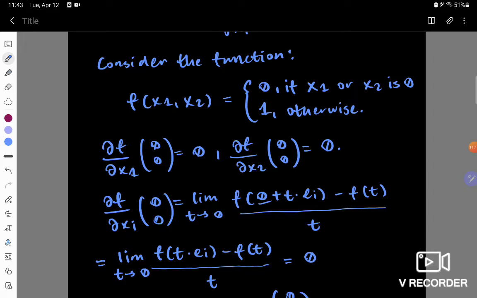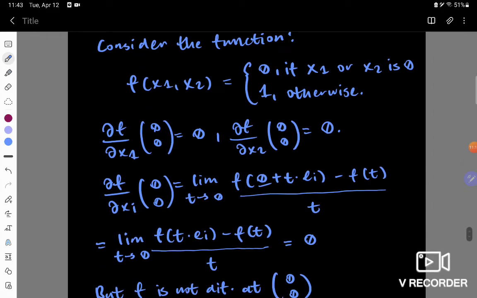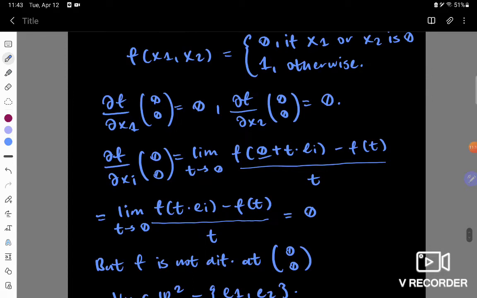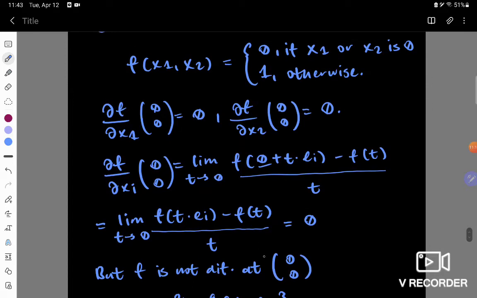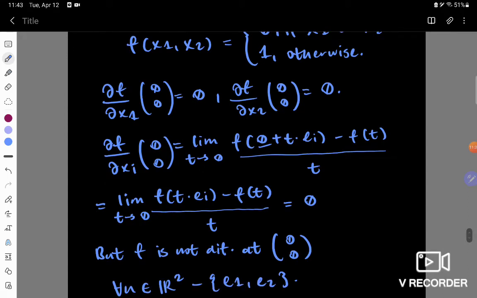But we want to show, in fact, that it is not a differentiable function overall. This is to show that f is not differentiable specifically at the point where we showed it is partially differentiable. So the partial derivatives existing for a function doesn't necessarily imply that it is totally differentiable.